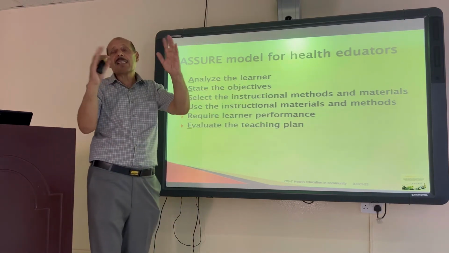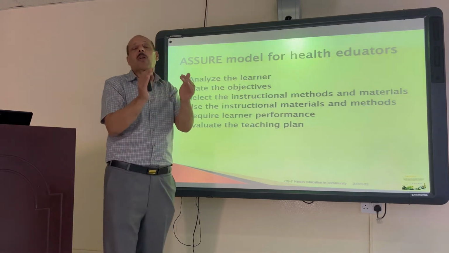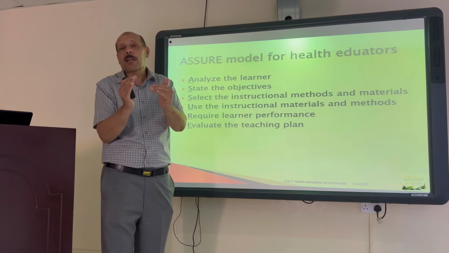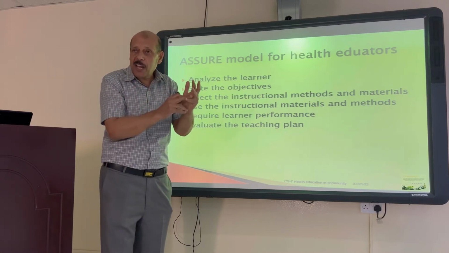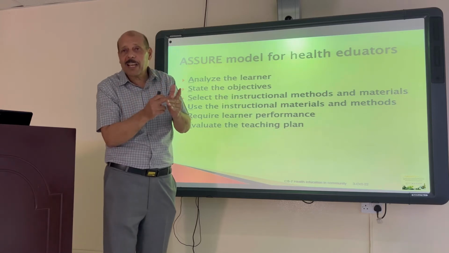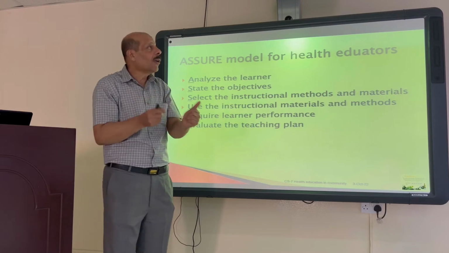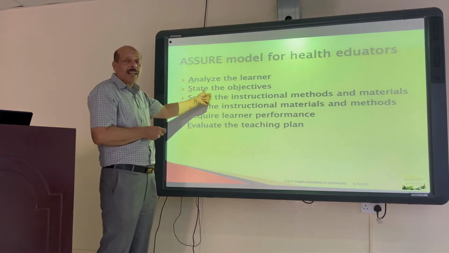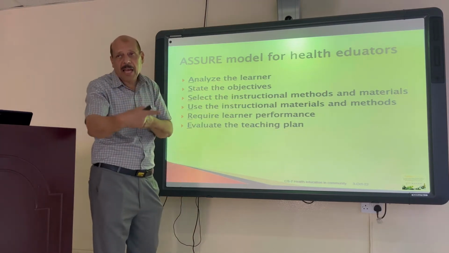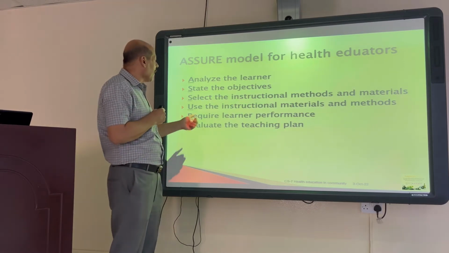Is the teaching material to be given to those who are of school age? Is it for all? Is it for old age? Is it for a certain patient? So, depending on that, I can prepare my teaching material, my health education material.